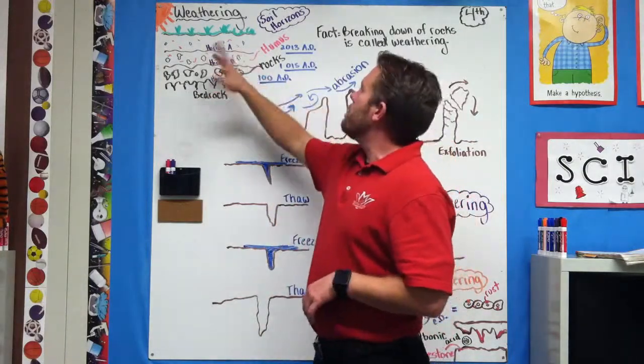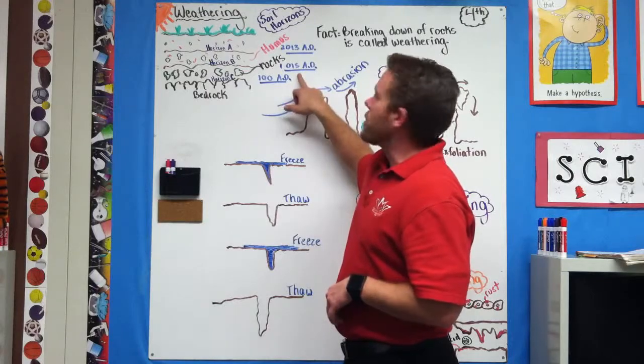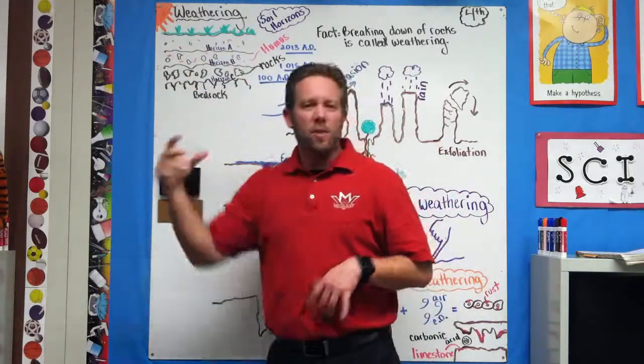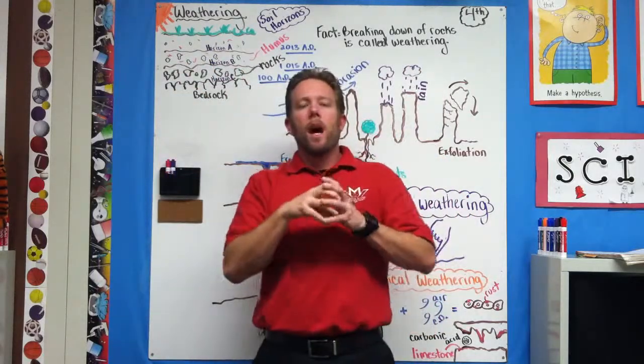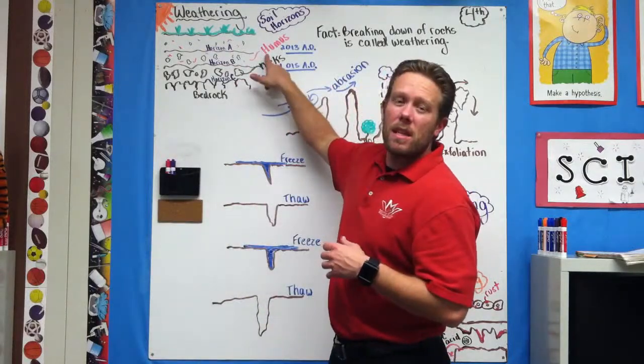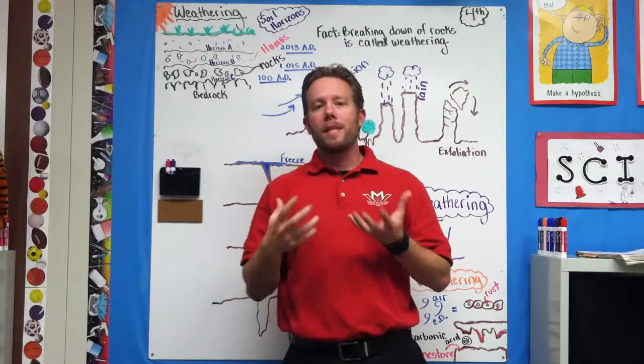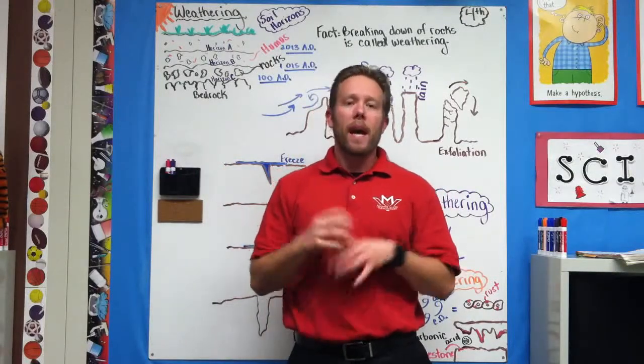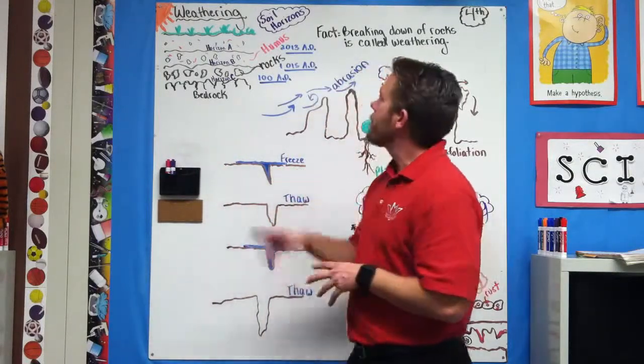Then in Horizon B, 1,000 years later, there's quite a few less rocks because they've been weathered and broken down. You can see some humus in this layer. Humus are dead, rotted animal bones and carcass.